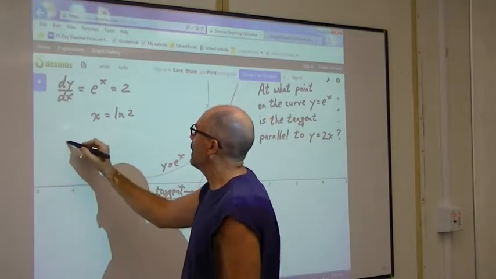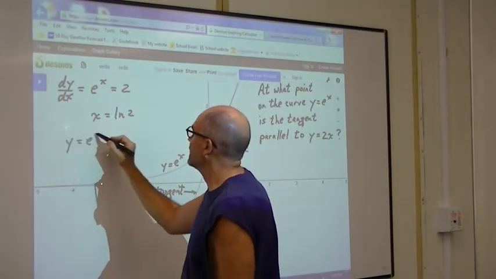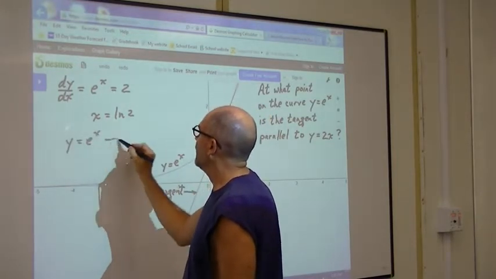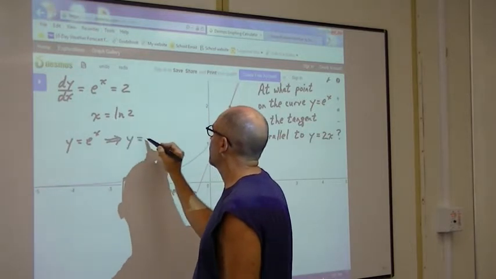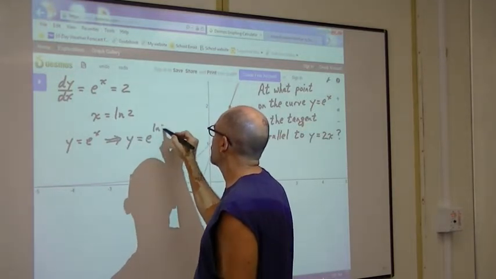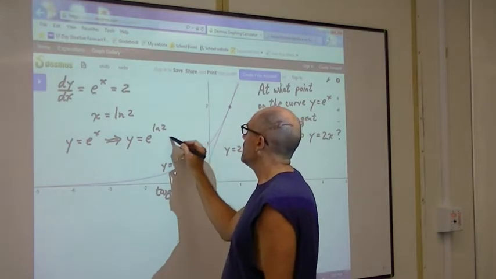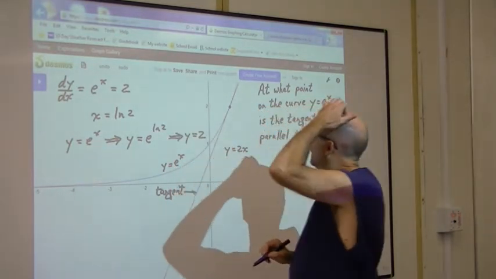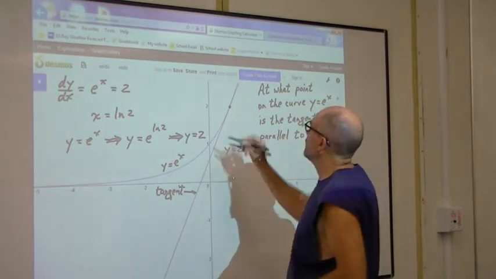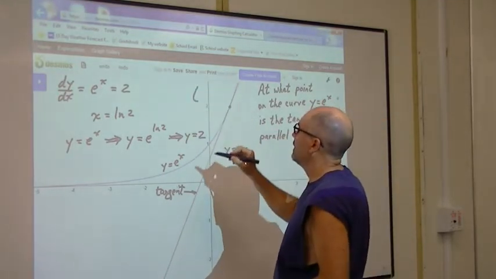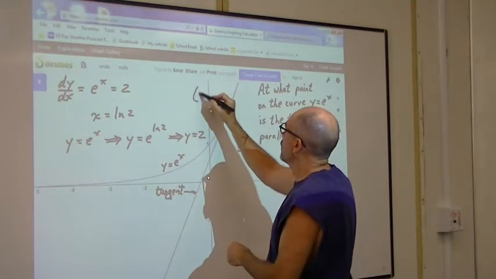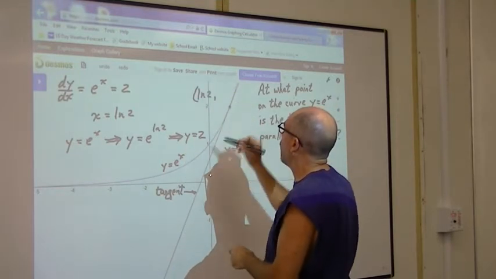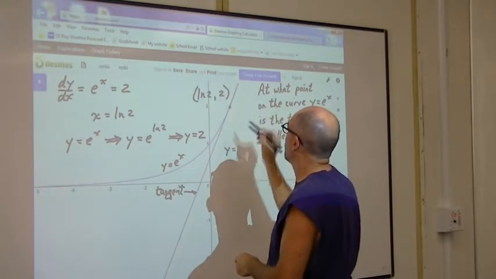Well, if I know that y equals e to the x, then that means y equals e to the natural log 2. Then that means y equals 2. So what that just told me is this point right here, the x value is natural log 2, and the y value is 2.